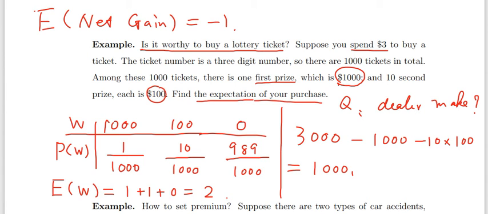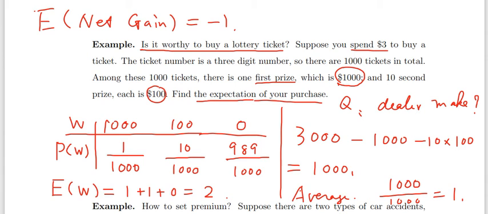So where does the money come from? From each ticket, right? On the average, each ticket contributes $1.